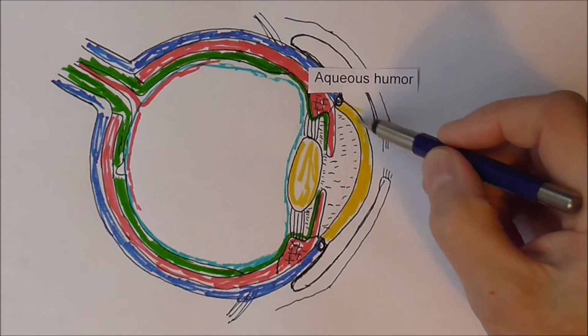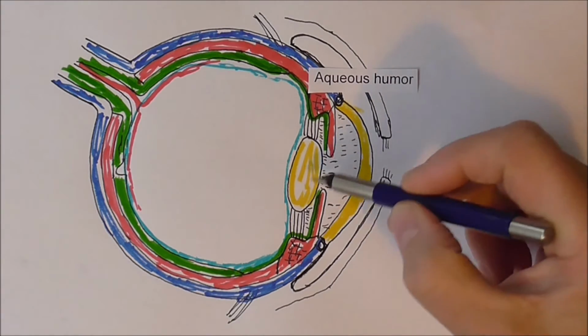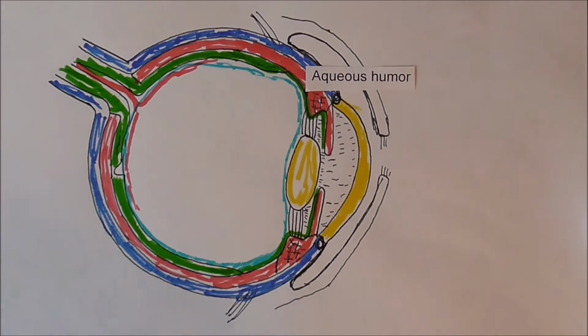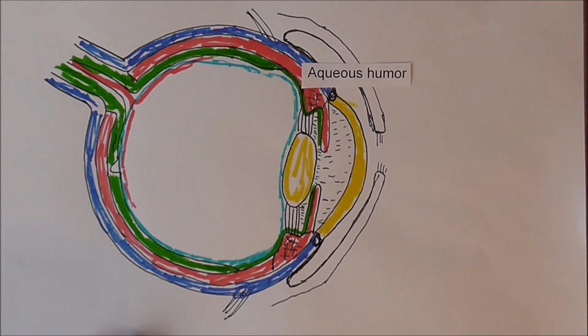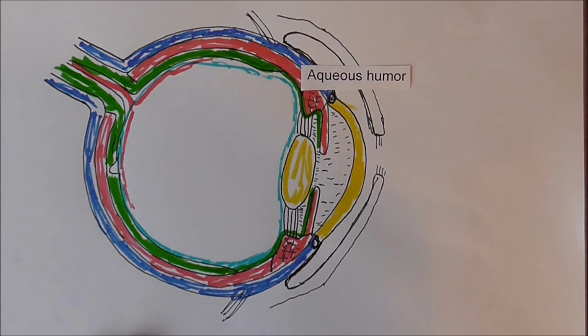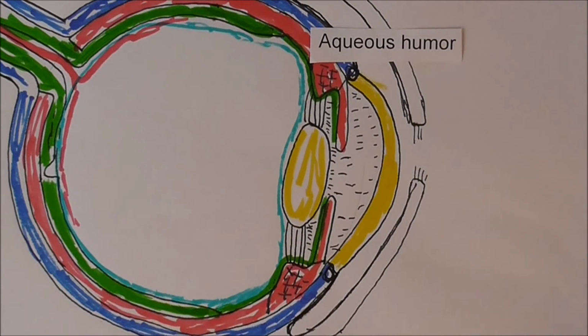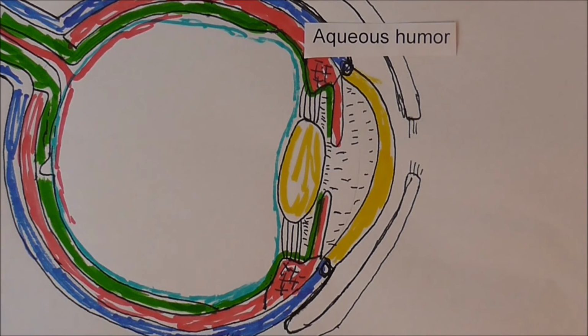Now the cornea and the lens obviously need to be transparent, so the light can go through. But that means they don't have a blood supply. So if they don't have a blood supply, they still need oxygen, they still need nutrients, they still need to get rid of their waste products. So it's the aqueous humour that nourishes the avascular cornea and lens.